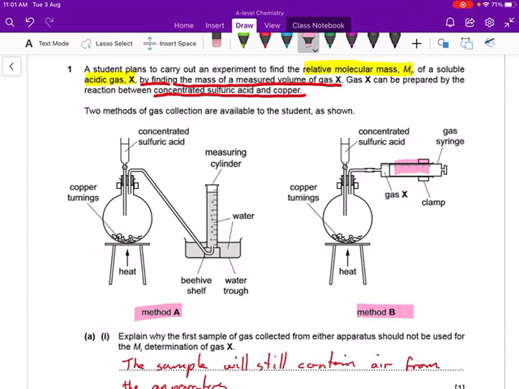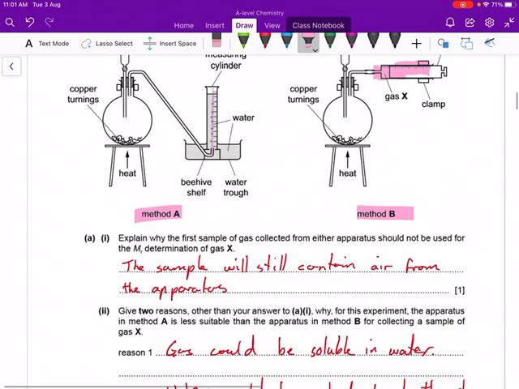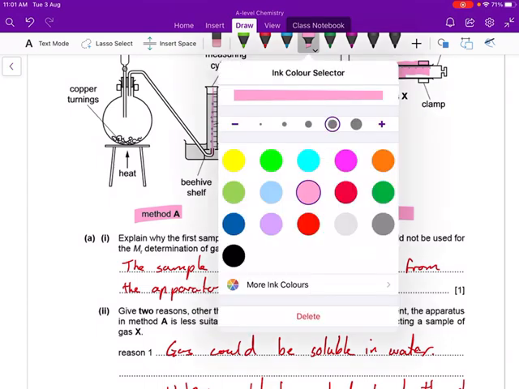Second thing is, this is just the gas being given off and pushing my gas syringe out, and so we can measure gas being released. With my first method in A, the gas is being bubbled through water, so there could be a potential reaction with the water. And this is also what they ask, so you need to be very specific on how you answer.